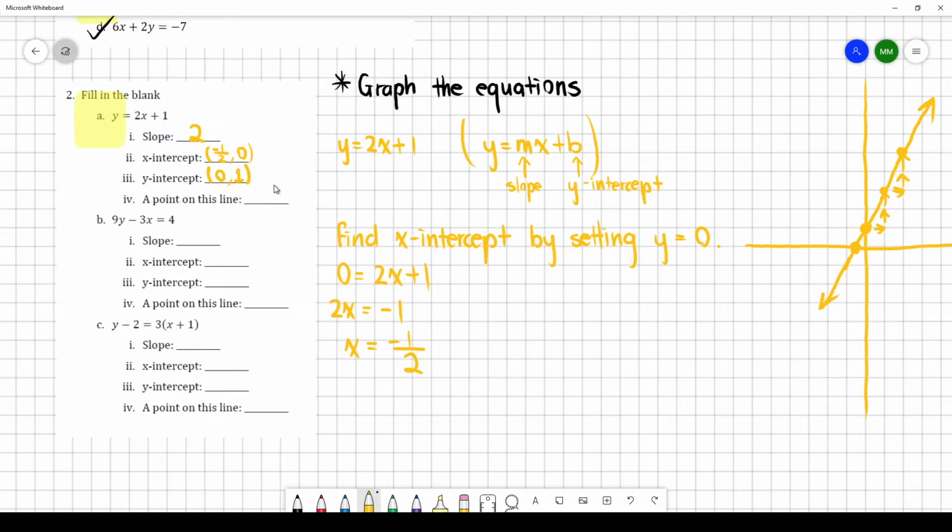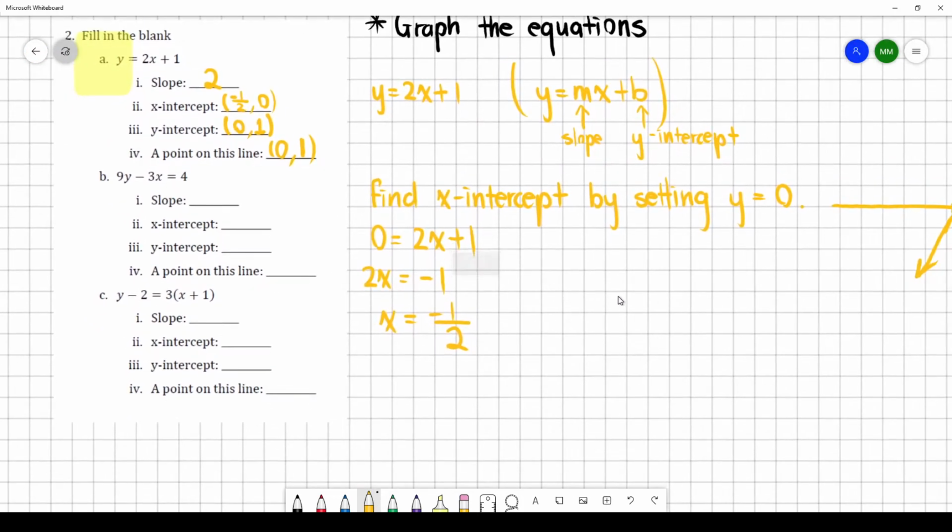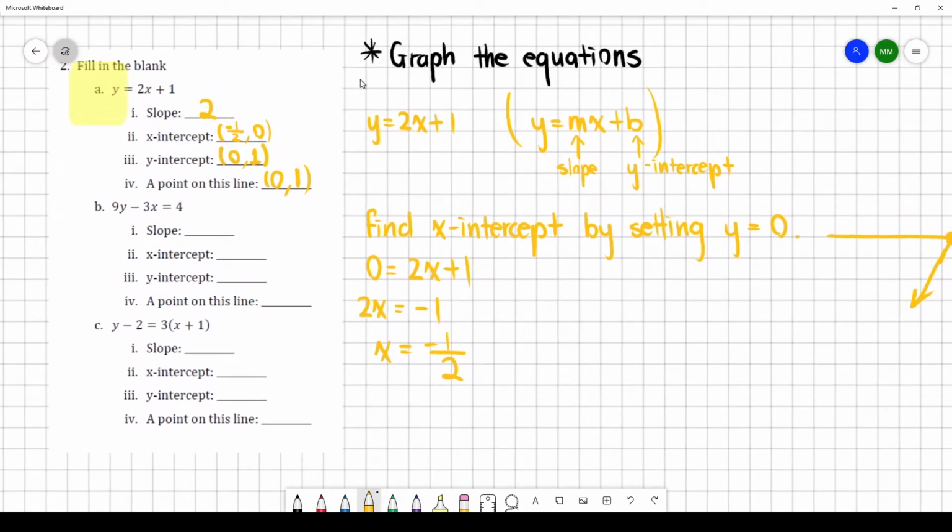Y-intercept, yes y value, but no x value. Now, a point on this line: I didn't specify which point, so you can actually use any of these two. There are many correct answers, but I could just use this one. But you can use other ones as well, as long as they satisfy this equality.